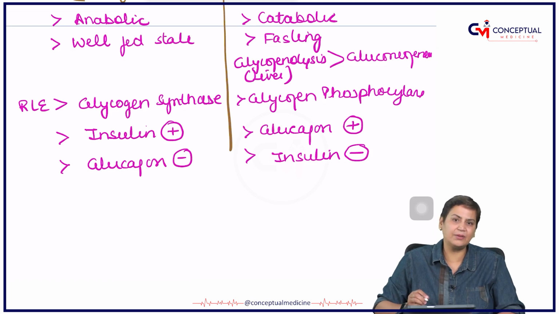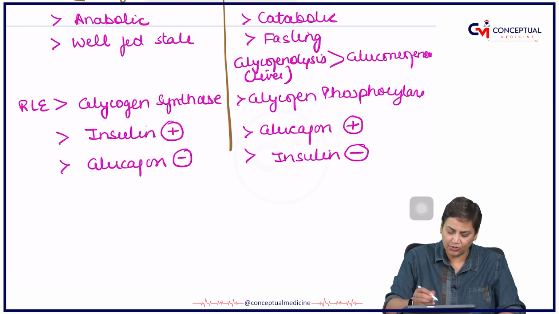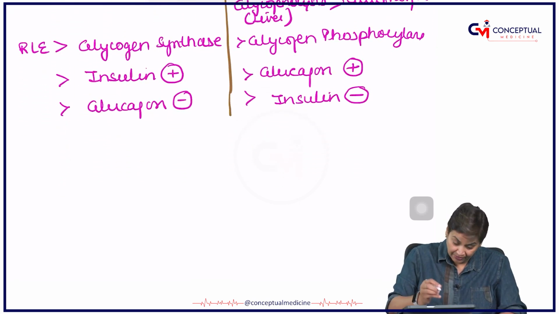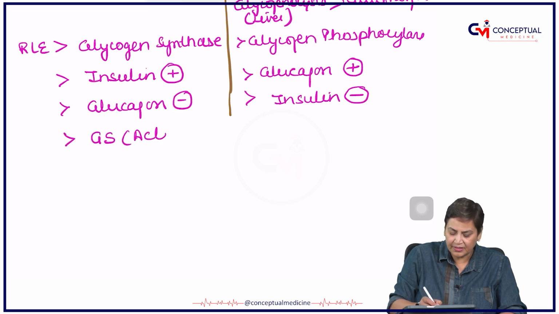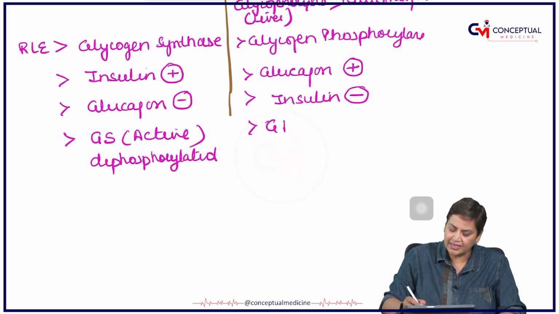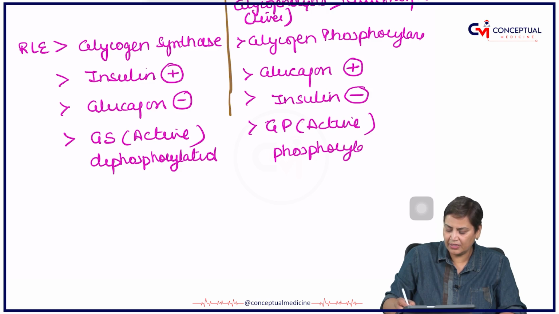And if we talk about calcium, calcium will always promote glycogenolysis. And one more point, yes, glycogen synthase is active in its dephosphorylated form. This is a very important concept which you have to understand. And here glycogen phosphorylase is active in its phosphorylated form. So if you have understood this concept, this thing will be very simple for you to understand.